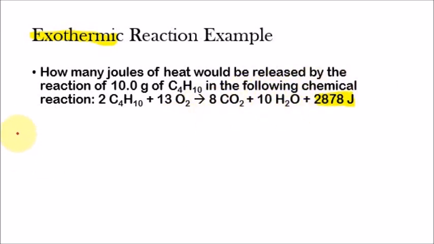So we're looking for joules, and we're given 10 grams of C4H10. Let's make sure this reaction is balanced first before we do anything. So when we're looking for if it's balanced or not, we obviously don't look to see if there's heat on both sides, because there's a net release of heat.